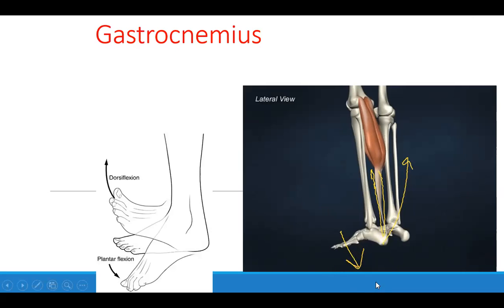There's how heel down, toes up. I'm sorry, toes down, heel up. I got it backwards. Dorsiflexion is the opposite. Toes up, heel down. Here we have heel up, toes down. This is how we walk. Toes down, heel up. So let me get rid of those marks.